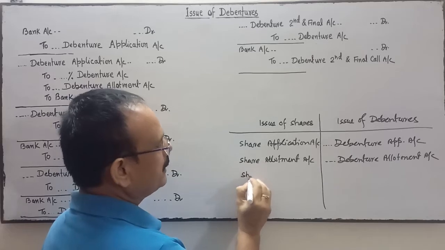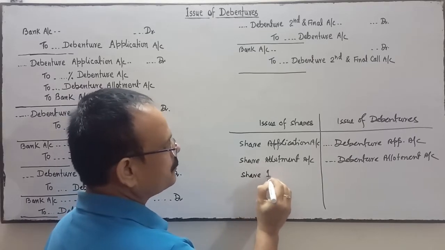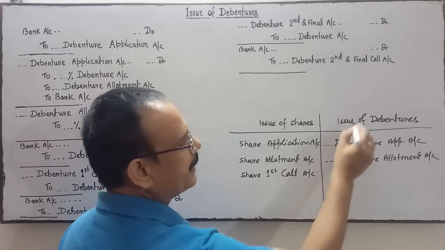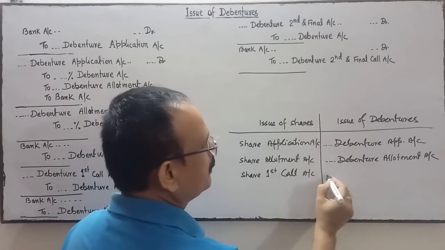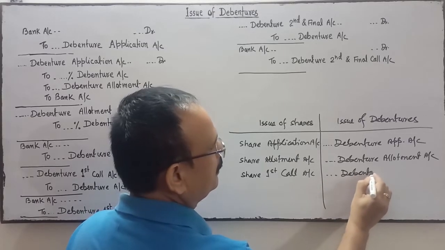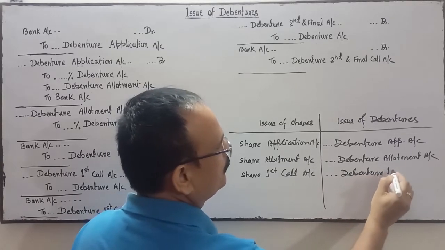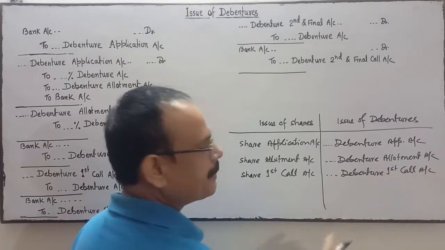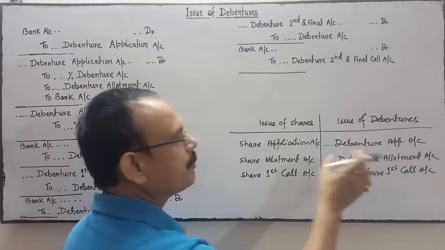At the time of share first call, we write share first call. Here, in case of issue of debenture, we will write debenture first call account. The entry will be the same; only certain things will be changed.